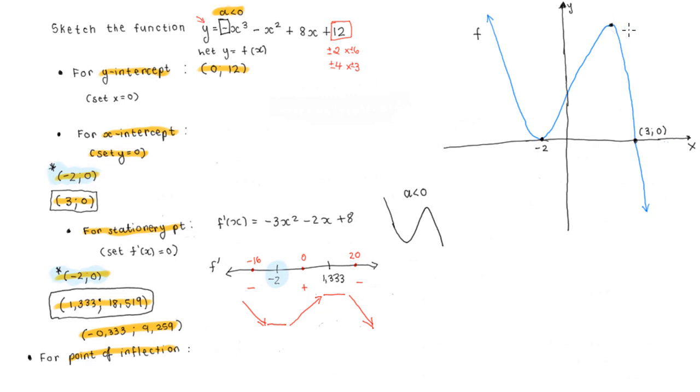Okay, and that has coordinates of 1, 3 recurring, and a corresponding y value of 18,519. Okay, so that's that stationary point.